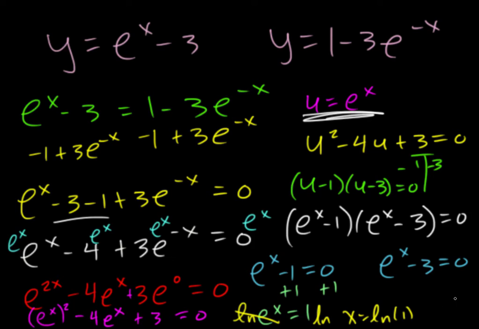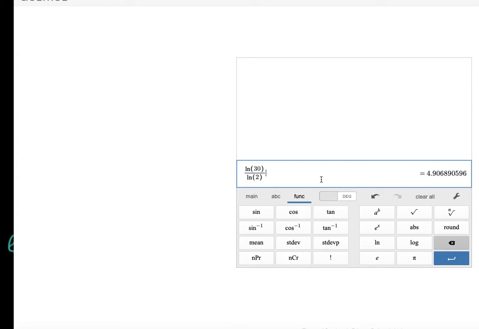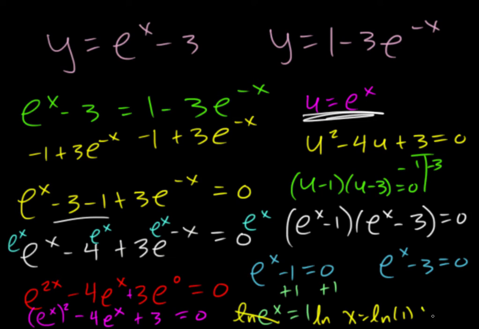So if we plug that into a calculator, let's just test that. Okay, natural log of 1 is just 0. So we get x equals 0 for that first piece. This one we're going to add 3, add 3. I just ran out of room.